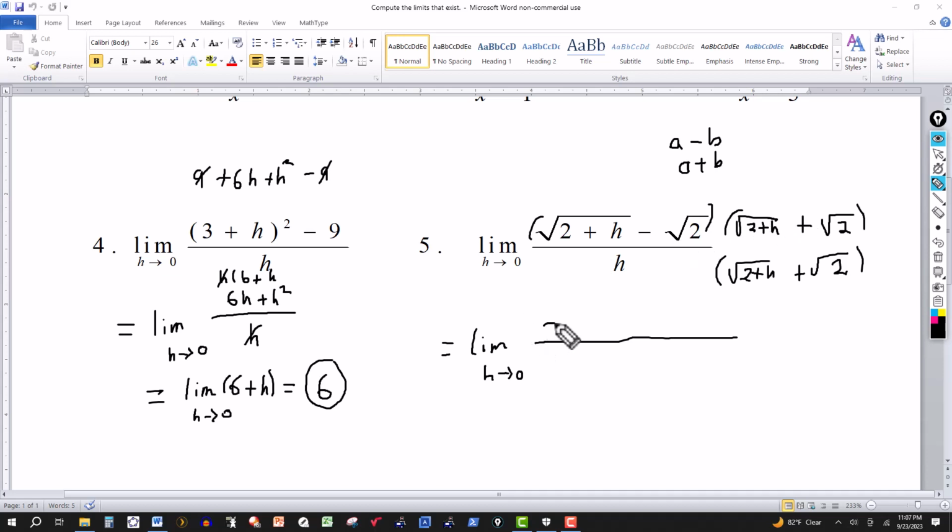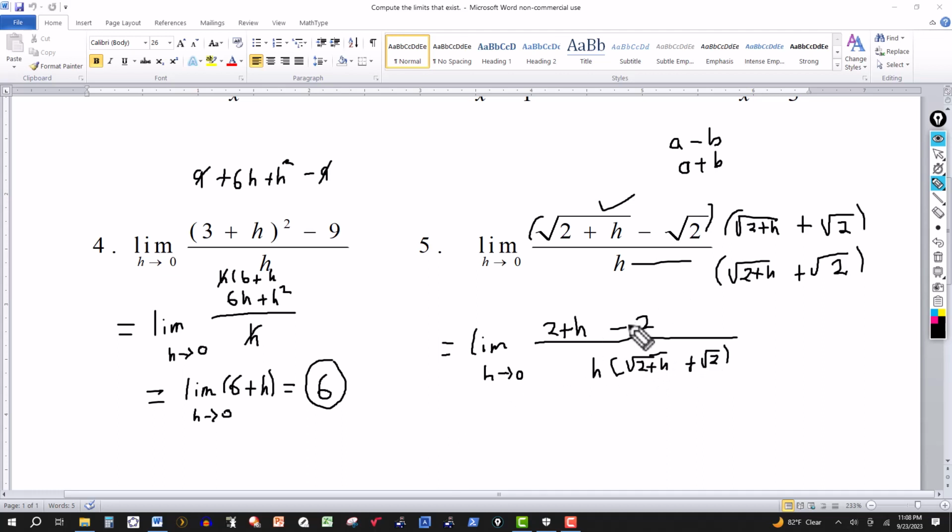So this gives me 2 plus h because squaring it gets rid of the radical, and then minus the square of radical 2, which gives me 2. And then I have an h. Now in the denominator I have h times that conjugate expression, the square root of 2 plus h plus radical 2.